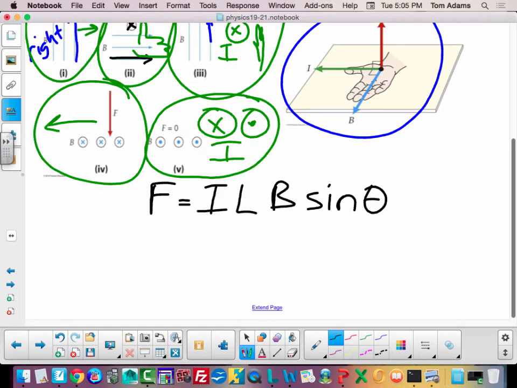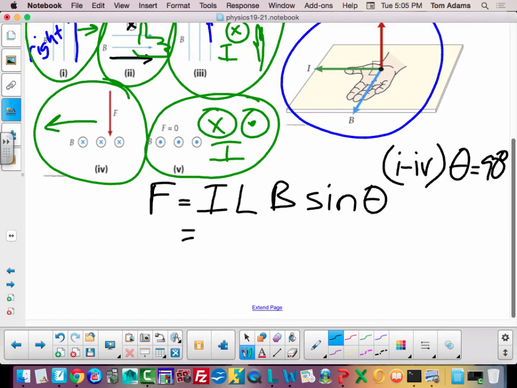For cases I through IV, theta will always equal 90 degrees, because that's what the right-hand rule means. The force and the magnetic field are both 90 degrees from the current. Now I just have to plug and chug.